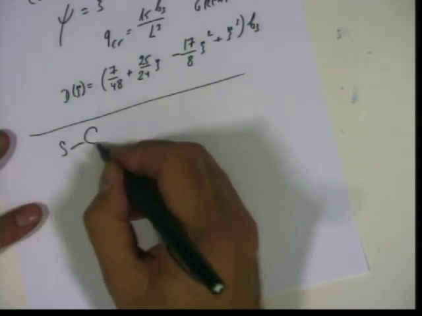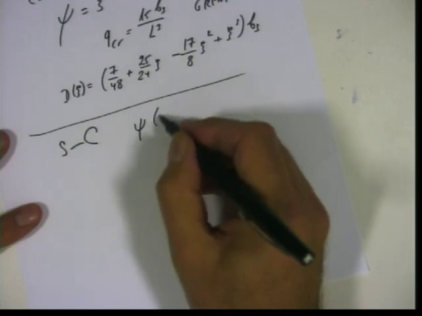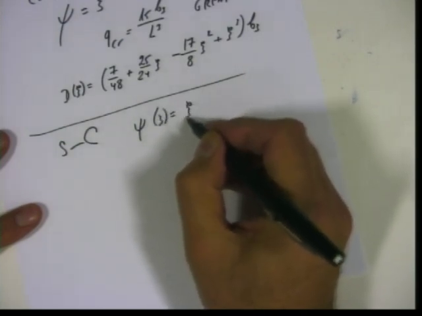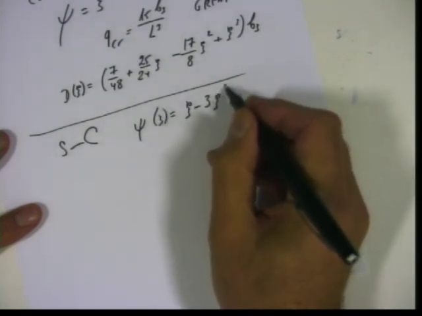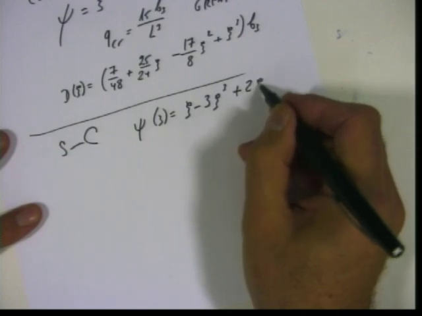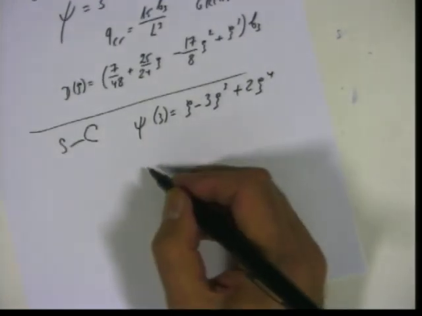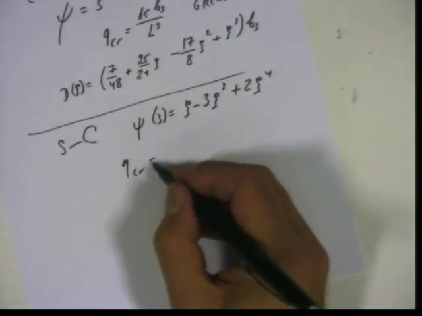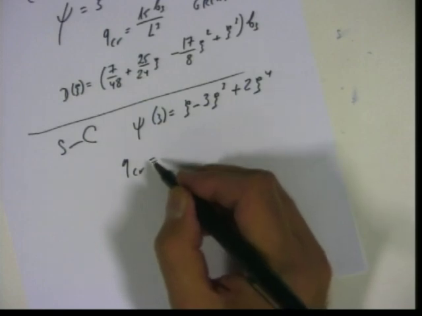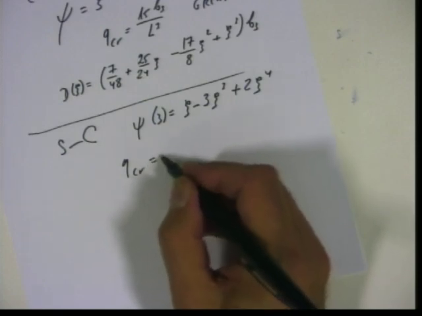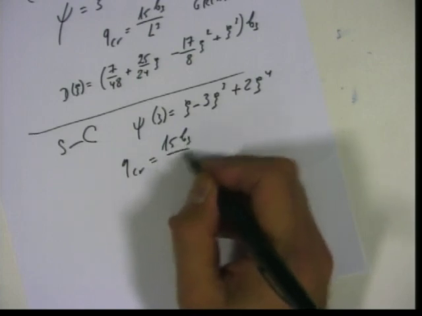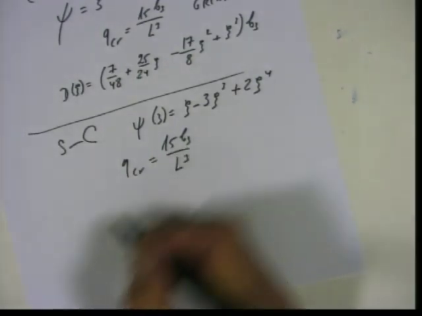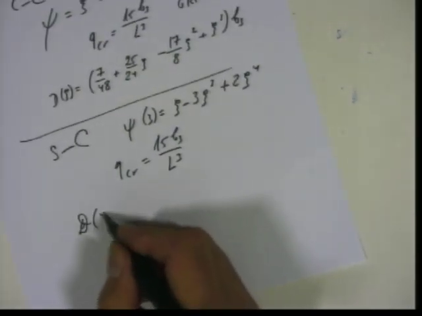Simply supported clamped: psi of xi equals xi minus 3 xi cubed plus 2 xi to the fourth power. Q critical is, voila, 15 B3 over L cubed. Okay, D of xi is more complex.